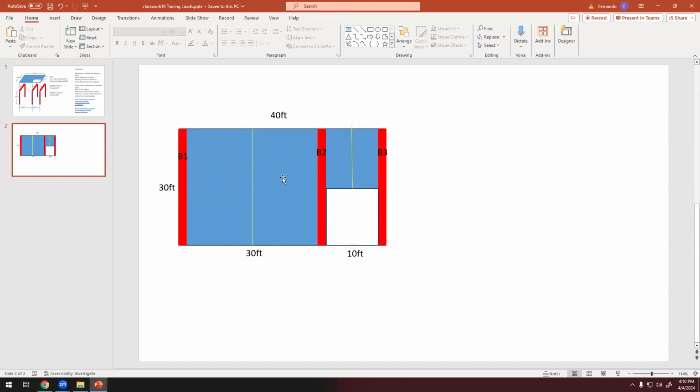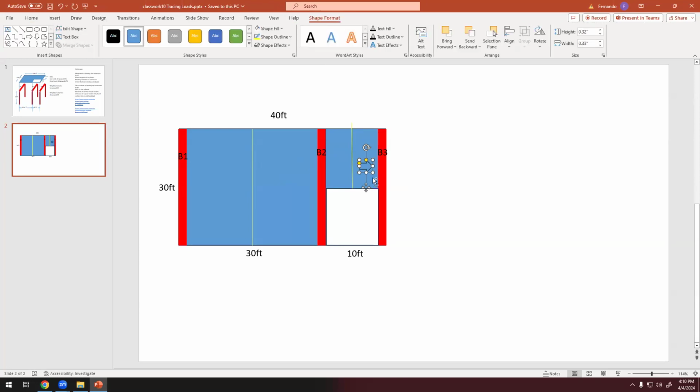The same area is going to B2, but this part is going to B2, and this is going to be B3. So all this area belongs to B3, this area belongs to B2, that belongs to B1, and that belongs to B2.